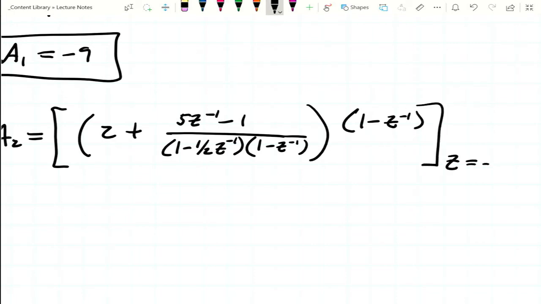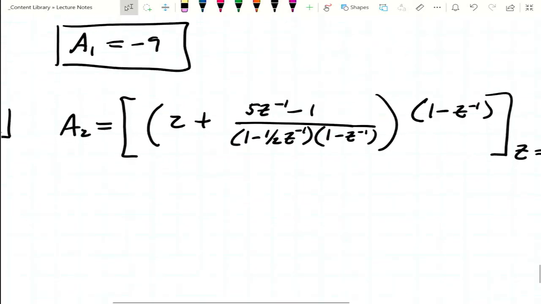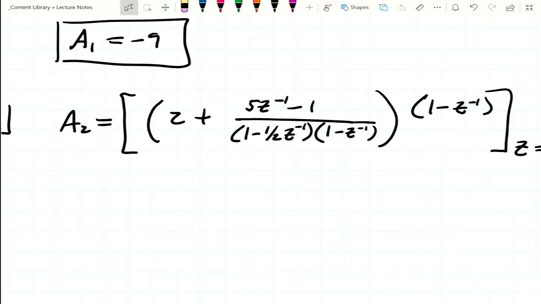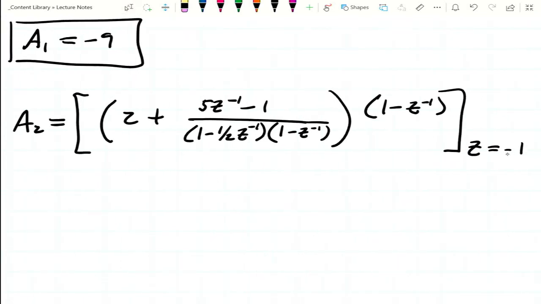Now we're doing z equals, not negative 1, positive 1.